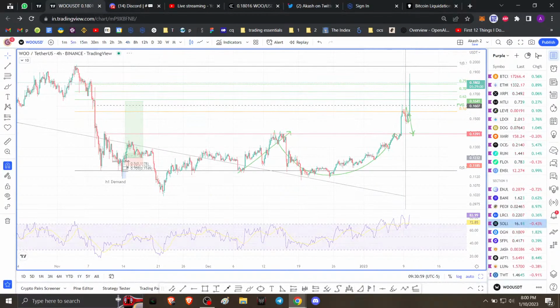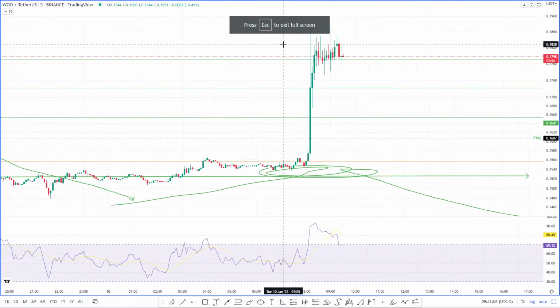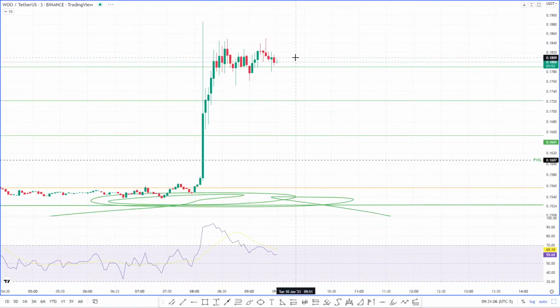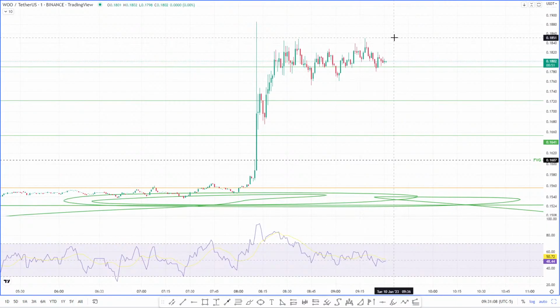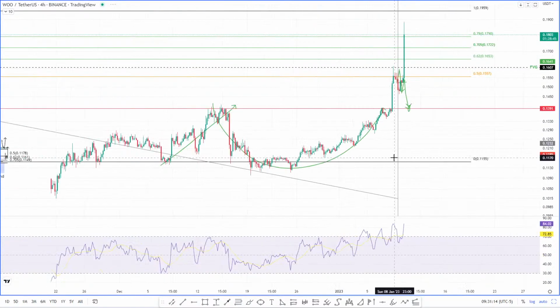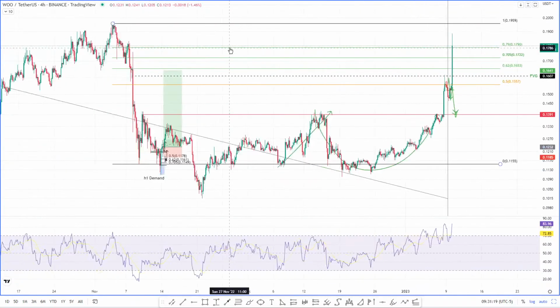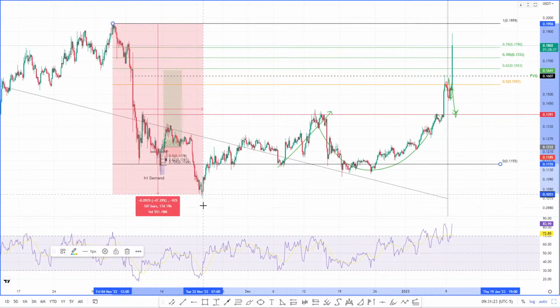I think let's go down to a lower time frame. We could be forming some sort of a distributed pattern here. Honestly, there's no reason why Wu should stay up. Look, it almost retested the 5th November levels, right? After dropping 47%.